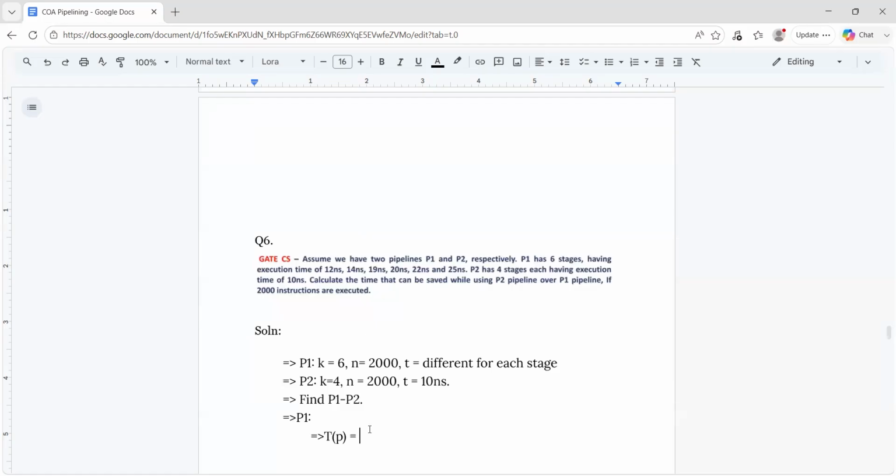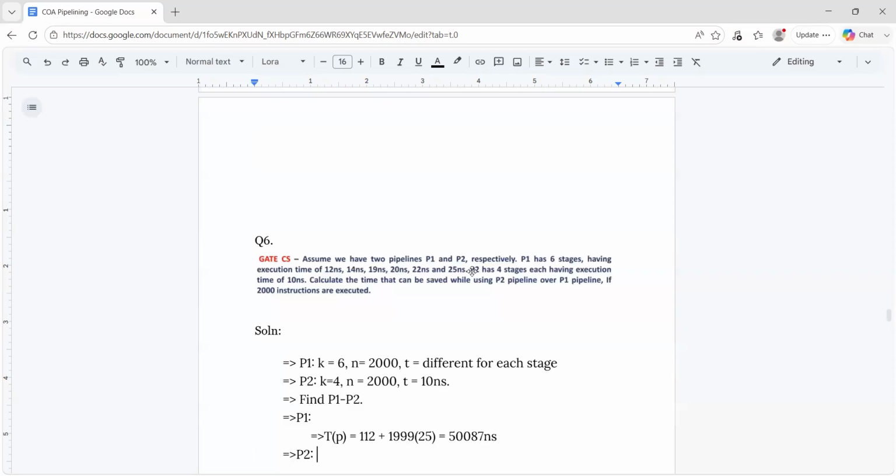So on adding all the individual time values, we'll be getting 112 plus n is actually 2000, so n minus 1 will be 1999 into the slowest time. The slowest time will be 25. So what does this give? So the time for pipeline, for the case of P1, is 50087 nanoseconds.